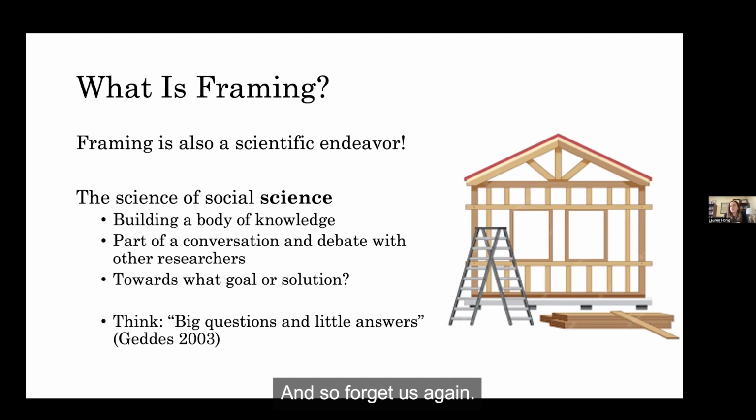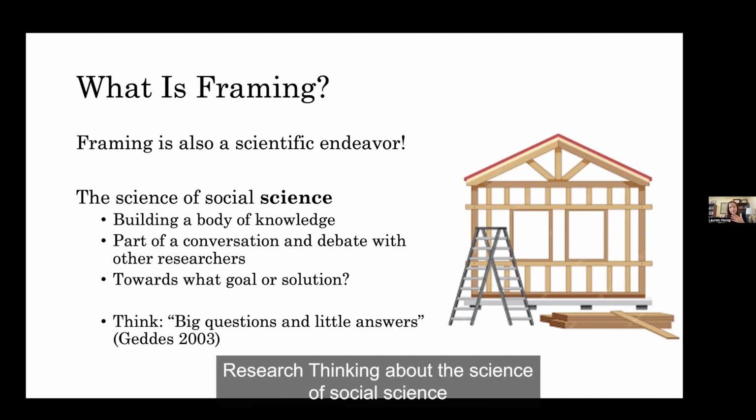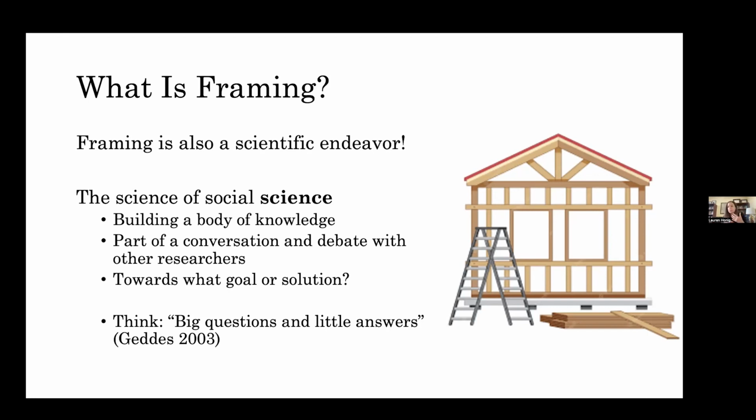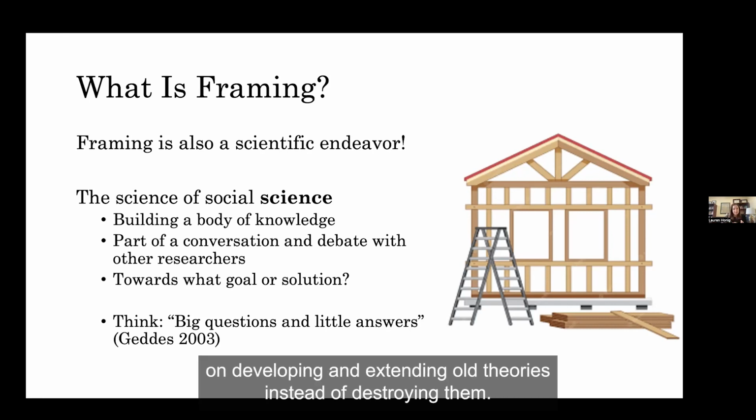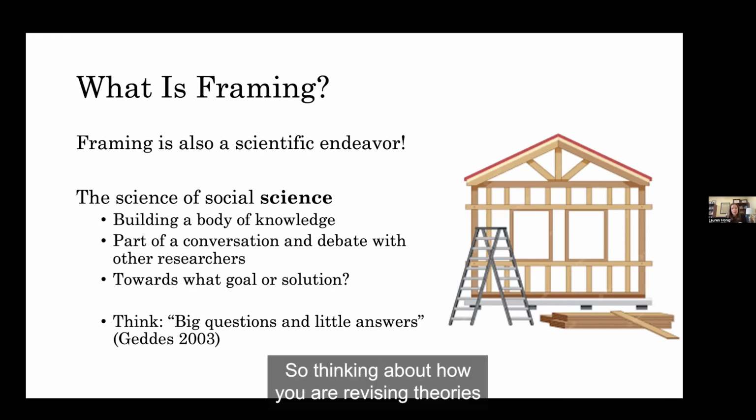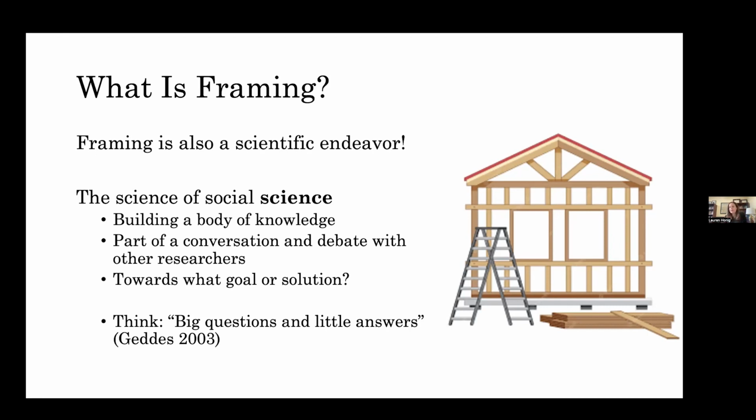And so for Geddes, again, thinking about this science of social science, research is part of an enterprise in which we're building on, developing, and extending old theories instead of destroying them. So thinking about how you are revising theories, not just challenging a paradigm.